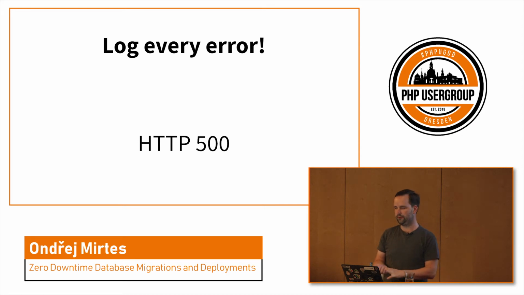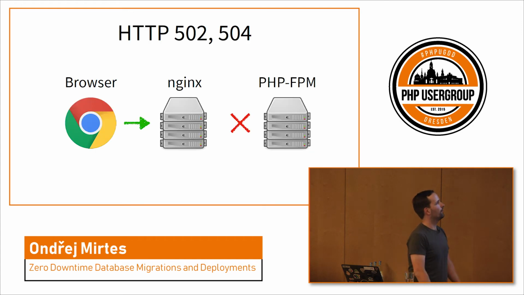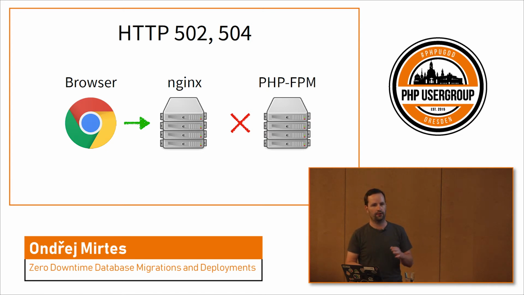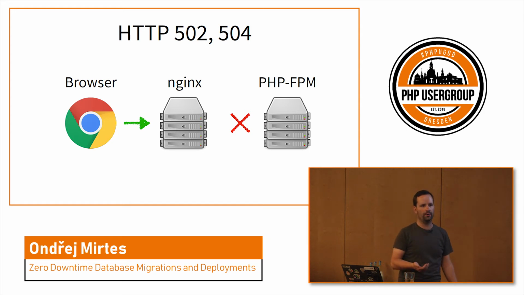But it's also important to realize that you shouldn't log errors only from your application, but also from your web server. Because when a request doesn't even reach PHP, because the PHP-FPM daemon crashed or something like that, your request will end up only at the NGINX layer, and your users will see HTTP 502 or 504, and you will not know about this error unless you set up logging of these errors in NGINX itself.